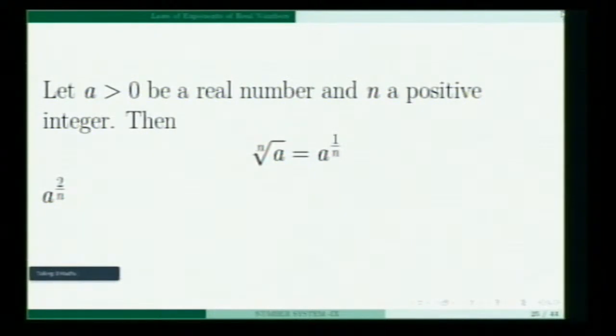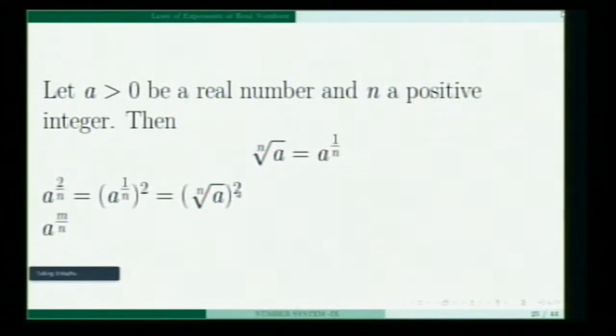So if somebody asks you to find A to the power 2 by n, I will find A to the power 1 by n, which is already defined, and take its square. So it will be the nth root of A, squared. Are you clear with that? If somebody asks A to the power 2 by n, I take A to the power 1 by n whole square, and that means the nth root of A squared.